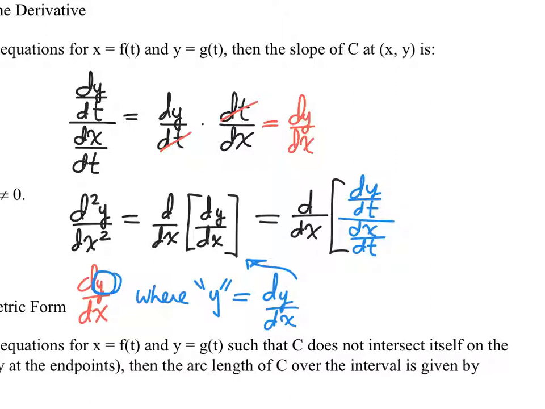The idea being that the simplified form of the derivative equation is fine, it's wonderful. However, you're better off if you can get it in terms of t, because that goes back to the idea of, if I do it that way, I don't have to convert my original function into rectangular form before taking the derivative.